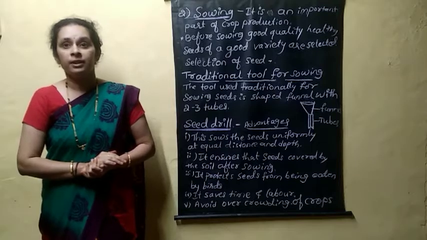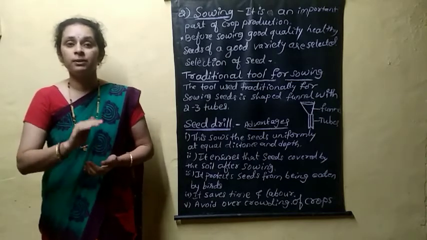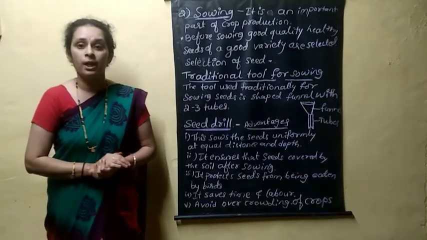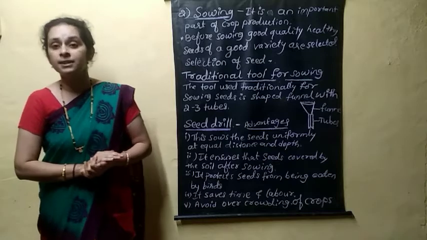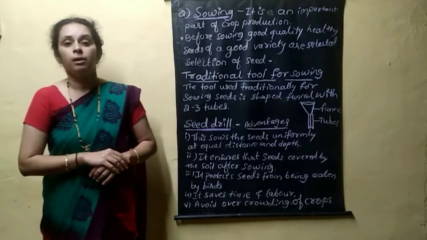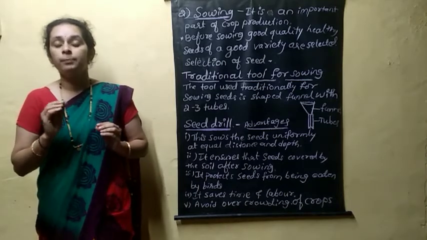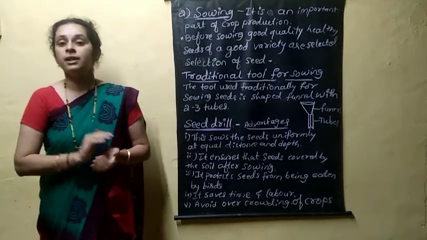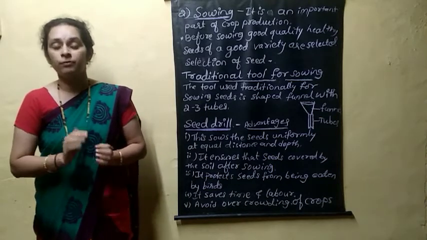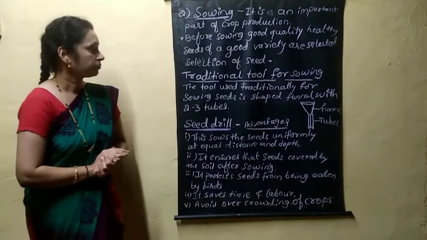If the seeds are hollow or damaged, they are very light and will float on the surface of the water, while good and healthy seeds will sink in the bucket. This is a very important method for selection of seeds before sowing.